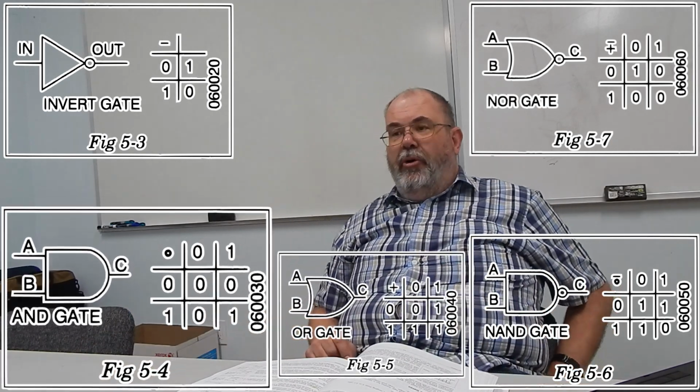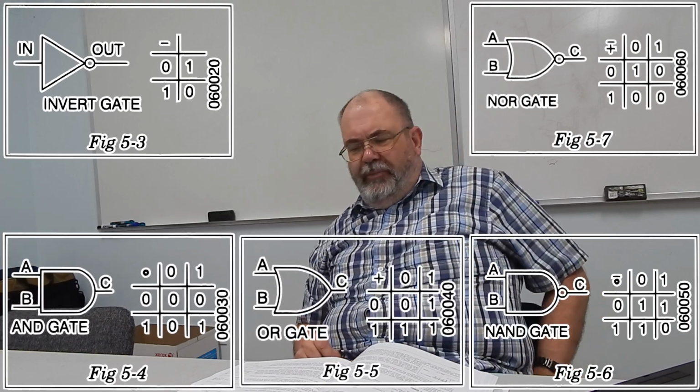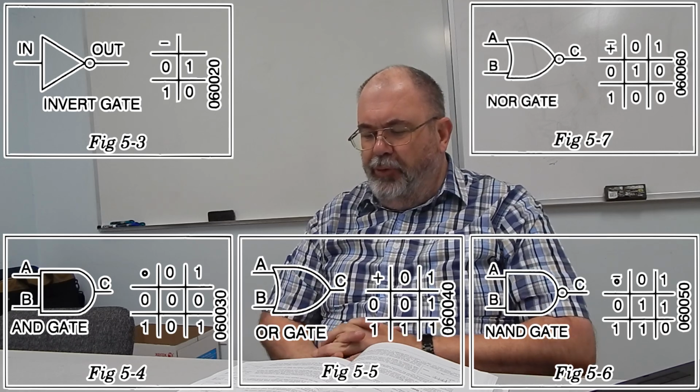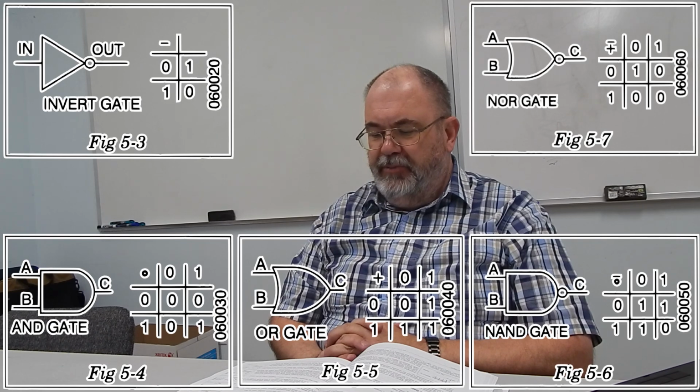It can actually have more than 2, but we're only going to talk about 2 inputs. And we just call the inputs A and B, input A and input B, and then it has an output. Output C is the way they labeled it in their little picture there in figure 5-4. And an AND gate basically means that both A and B have to be logic 1 for C to be a logic 1.